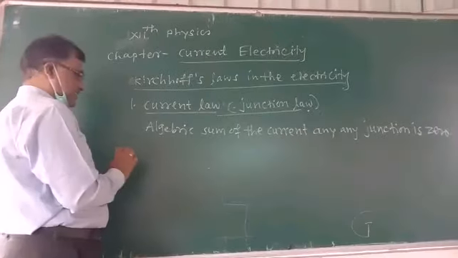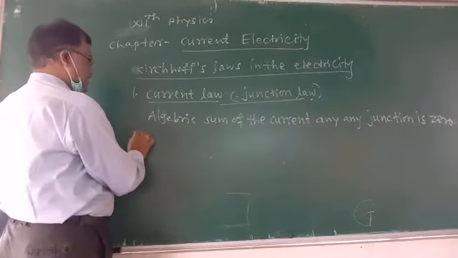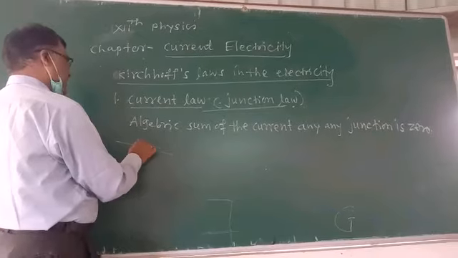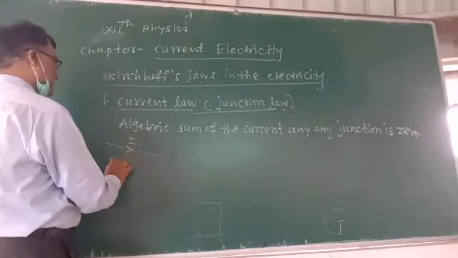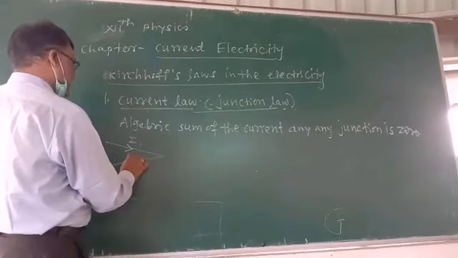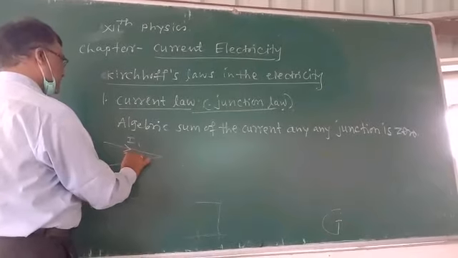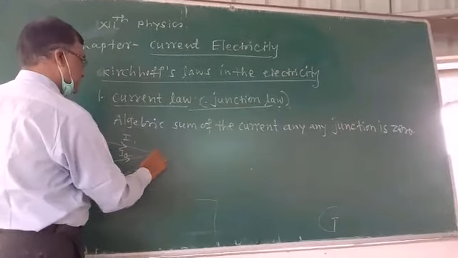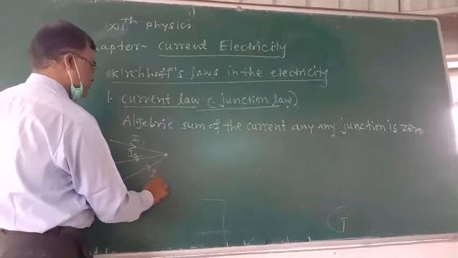Let us suppose that this is one conductor passing current I1. This is a second conductor passing current I2. This is a third conductor passing current I3.